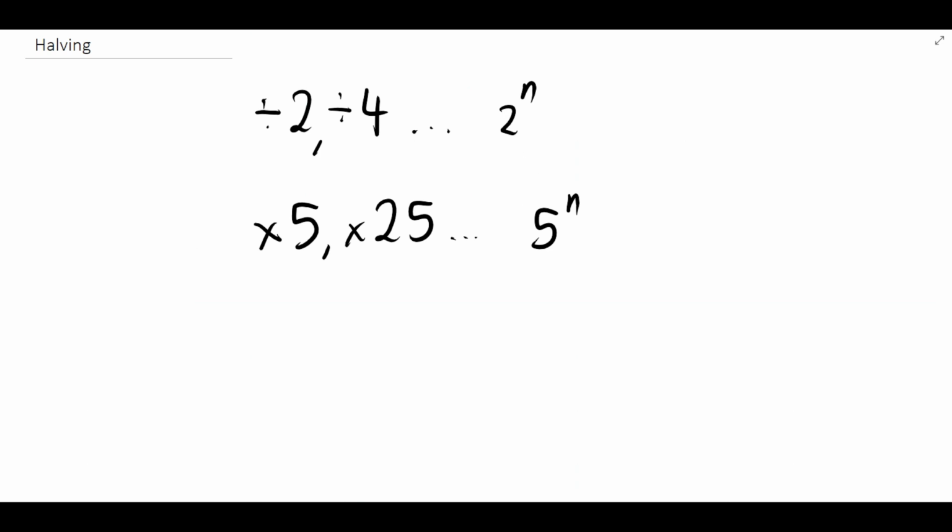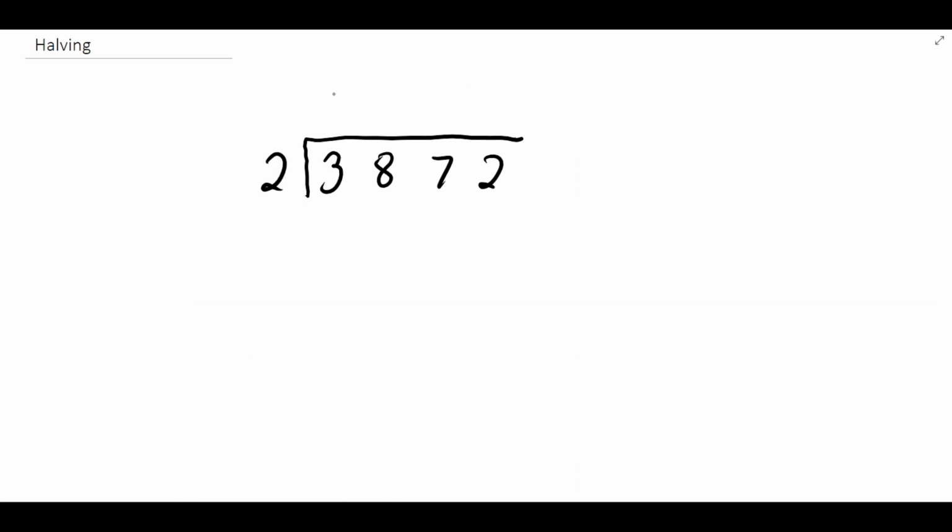So let's begin with the conventional method as usual. Take a number 3872. Normally it's the long division process. So you do this. 2 times 1 would give you a 2, which is the closest here. You have 1. Bring down 8. And 2 times 9 would divide it completely.